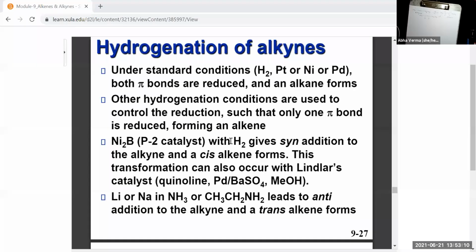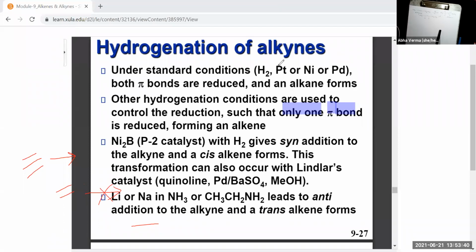However, when you want to reduce only one pi bond, and this is where you will be getting a lot of questions. When you want to reduce from an alkyne to an alkene only, you want to stop and hold at the double bond. You don't want to go to a complete alkane.